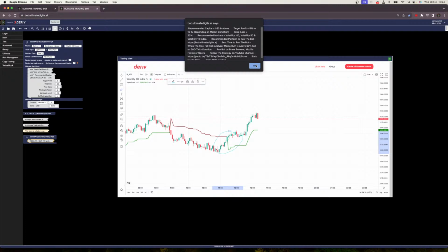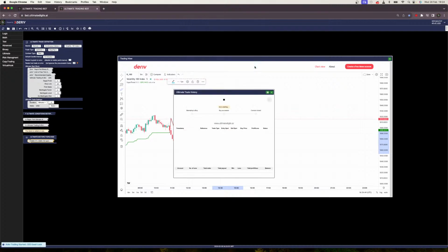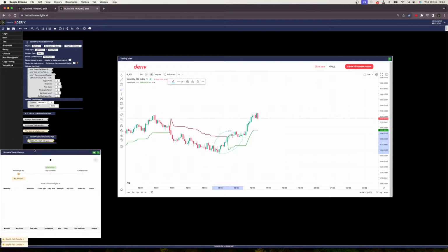You can use the clock on your laptop or computer. Then at the start of 5 minutes, you can start the run. Then the bot will start analyzing.